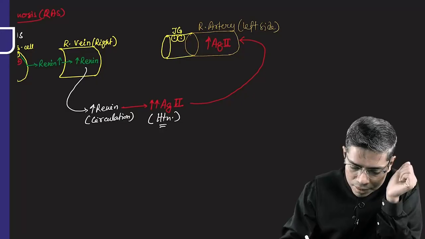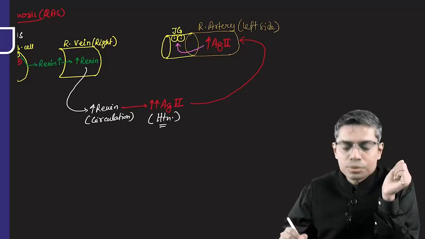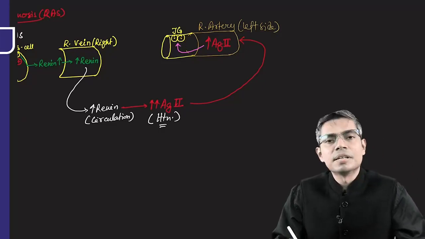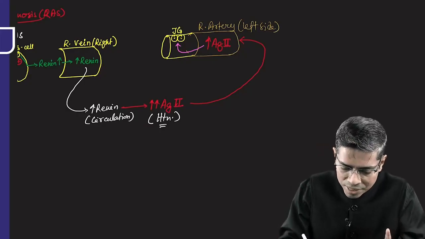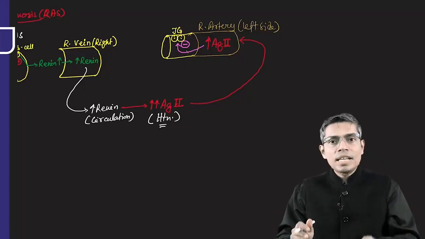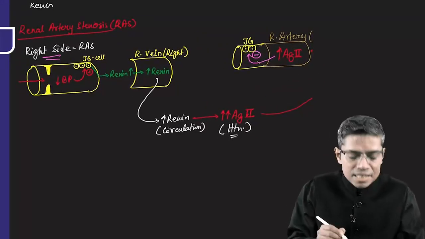So whenever this high level of angiotensin 2 reaches this JG cell, what is the effect of this angiotensin 2 on the JG cell? Is it a stimulus or an inhibitor? We have just seen that increased angiotensin 2 is an inhibitor of the JG cell. You may be thinking, why is this angiotensin 2 not inhibiting the right-sided JG cell also?